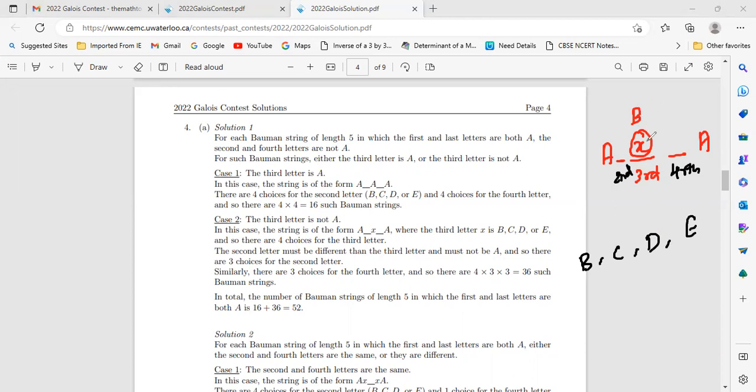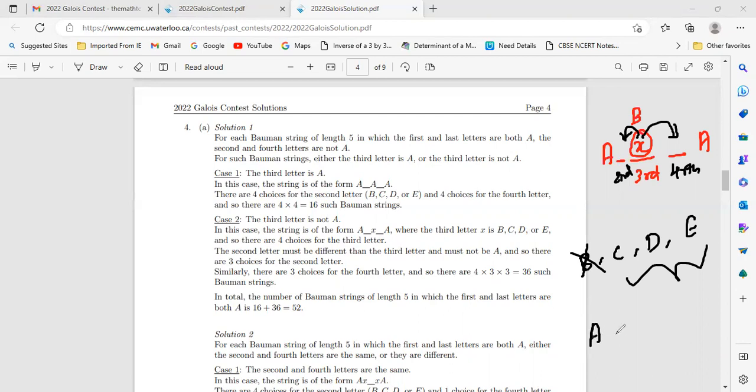But if you fill B in the third position, you are not allowed to choose B for the second position or fourth position, right? Which means you're having only 3 options because you're not allowed to place the same letters in adjacent positions, right?